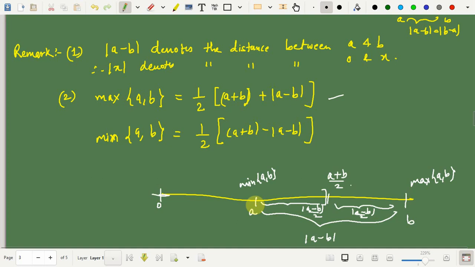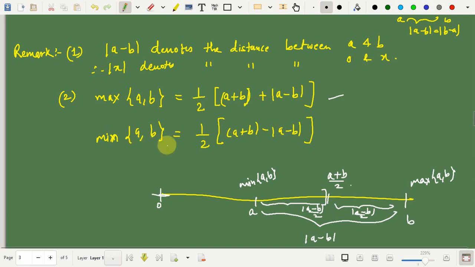And for the minimum of a comma b, this distance is the same as a plus b by 2, considering that a and b are positive. Again for the minimum of a comma b, this can actually be generalized for any real number. Because I am taking a and b to be positive, 0 would lie to the left of this a and b.